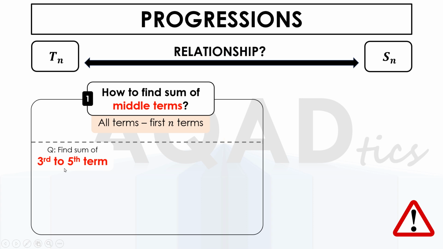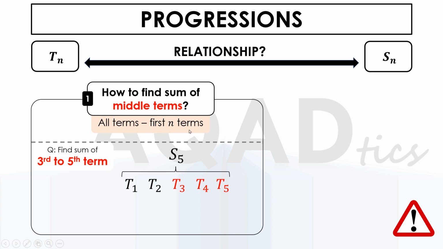So the question here is find the sum of the 3rd to the 5th term. Okay, so here we need to find all the terms first. Here it also says until the 5th term only. So let's list out all the 5 terms, and the ones in red are the ones that we want to find, which is T3, T4 and T5. So all terms here meaning I find the sum of all these 5 terms.